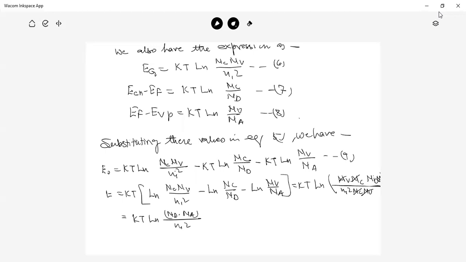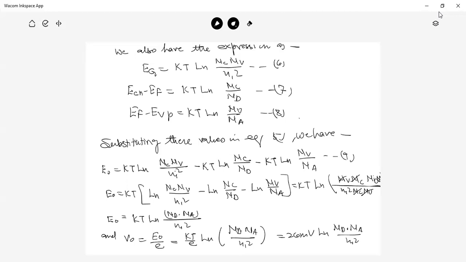So this is E0, and V0, the potential, is E0 by E, that is KT by E ln ND NA upon NI square. So this value is 26 millivolt ln ND NA upon NI square.